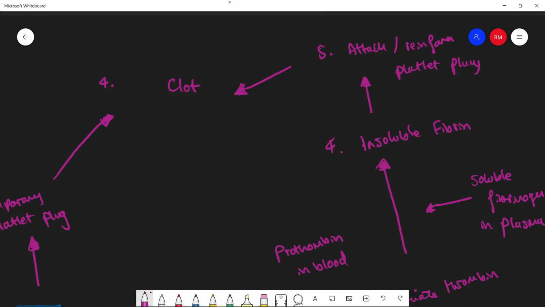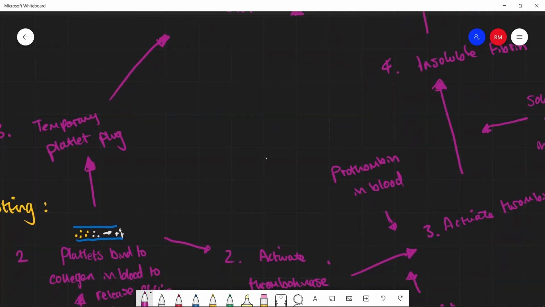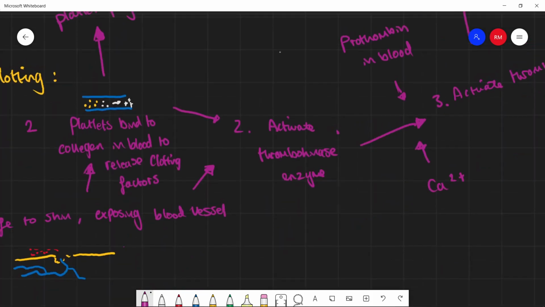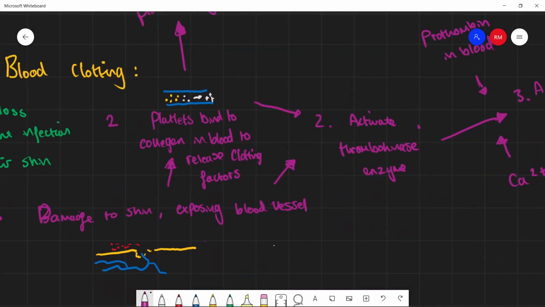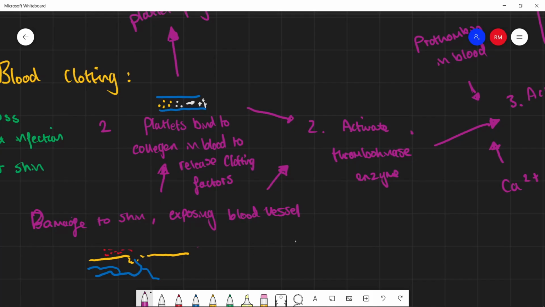And it's quite complicated to remember this. It's useful to just remember it in a cycle. Damage to skin, what's this? Platelets, but then we also have to think about the enzyme thrombokinase, and you have to keep thinking in steps.